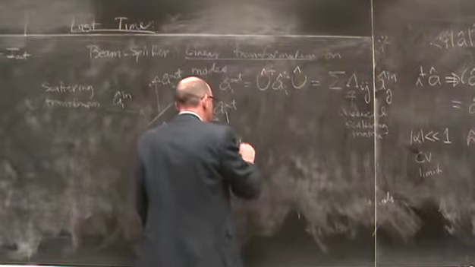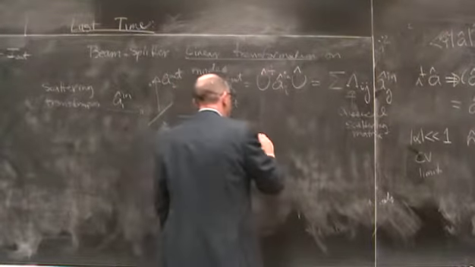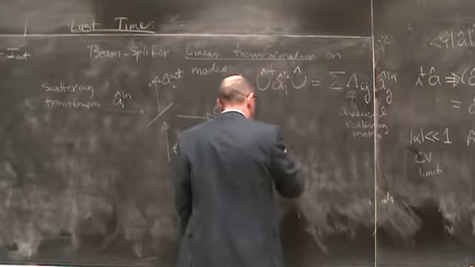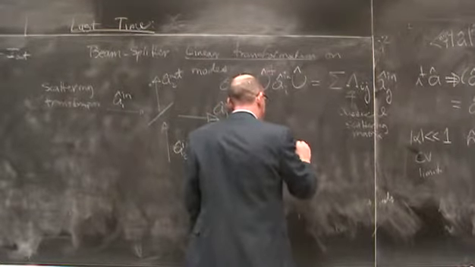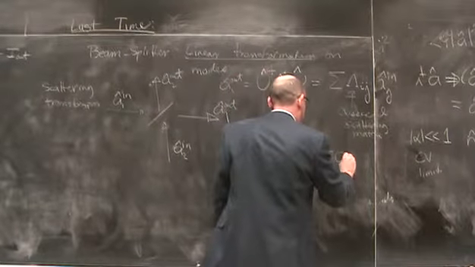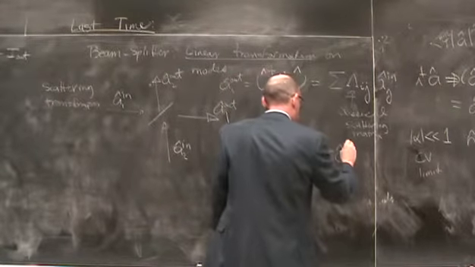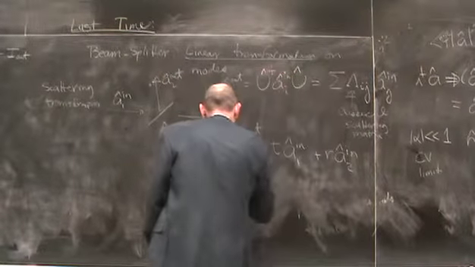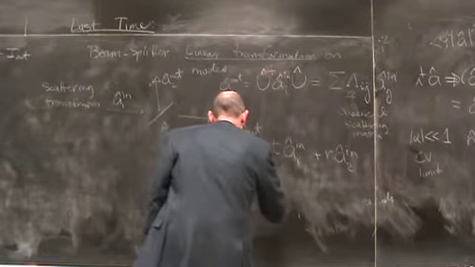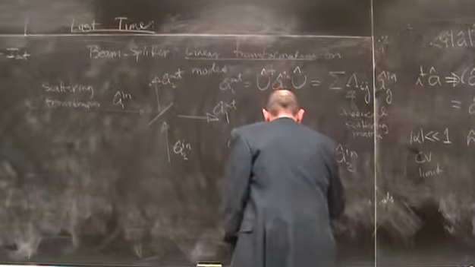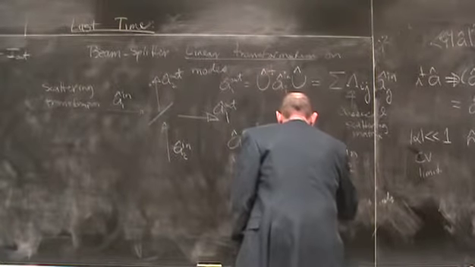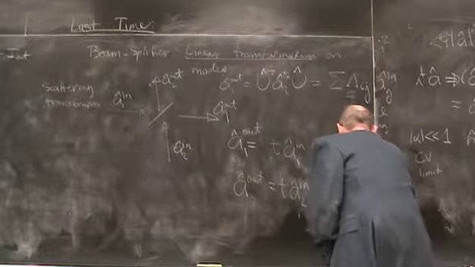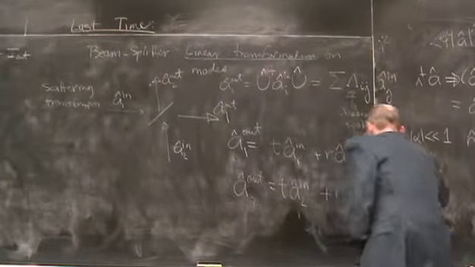So for example, A1 out would be the transmitted part of A1 and the reflected part of A2. And the output mode 2 is the transmitted part of mode 2 and the reflected part of mode 1.